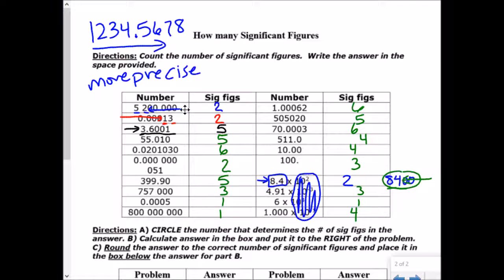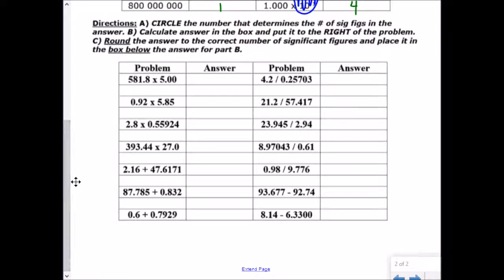And this is important when you're adding and subtracting because your answer can only be as good as your least precise measuring tool. So let's look at a first example for adding and subtracting. I'm going to look at this example down here: 2.16 plus 47.6171. Before I do anything, I'm just going to go ahead and add it up and get a calculator answer.